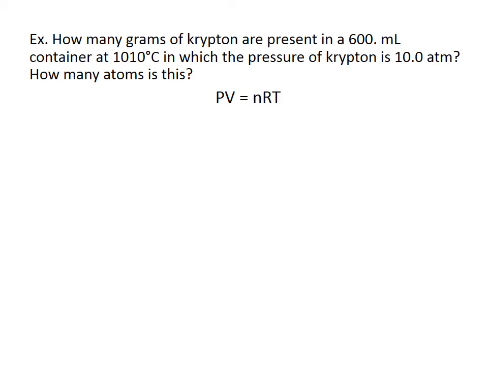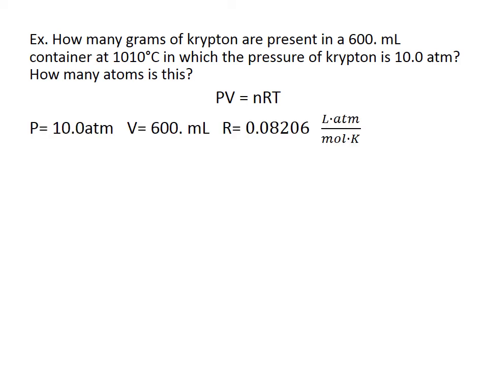So we start with our equation. PV is equal to nRT, because we're given volume, we're given pressure, we're given temperature. So we use PV is equal to nRT. So we have our 10 atmospheres, our volume is 600 milliliters, and R is 0.08206 liters atmosphere per mole Kelvin.